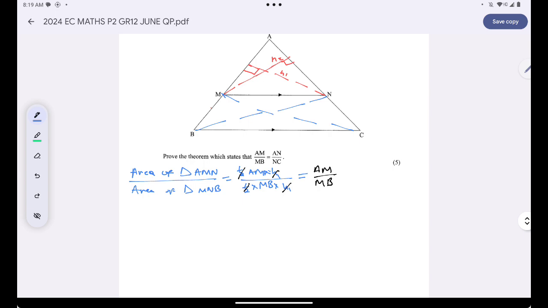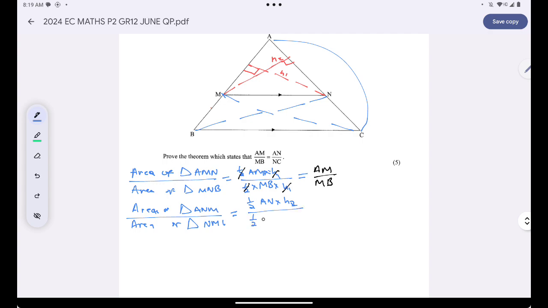And now let's focus on these sides again. We have the area of triangle AMN divided by the area of triangle NMC. This will be equal to 1 over 2 multiplied by AN multiplied by H2.